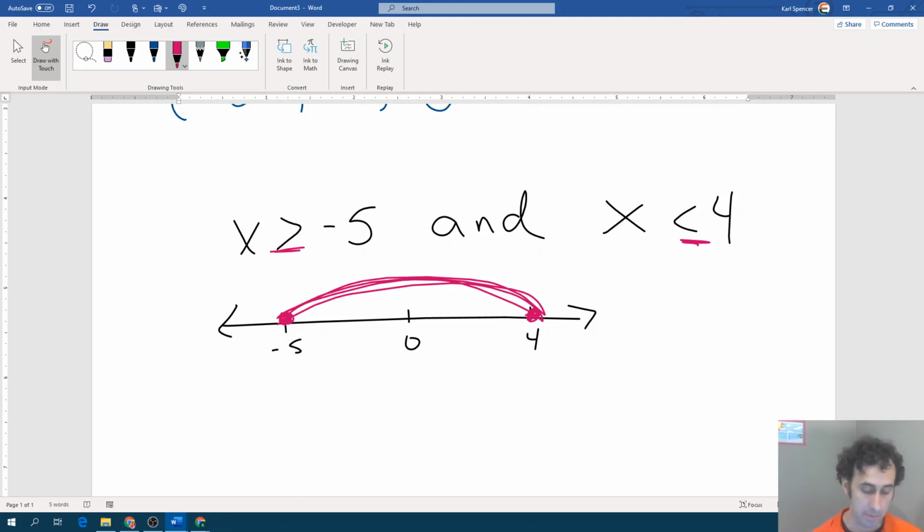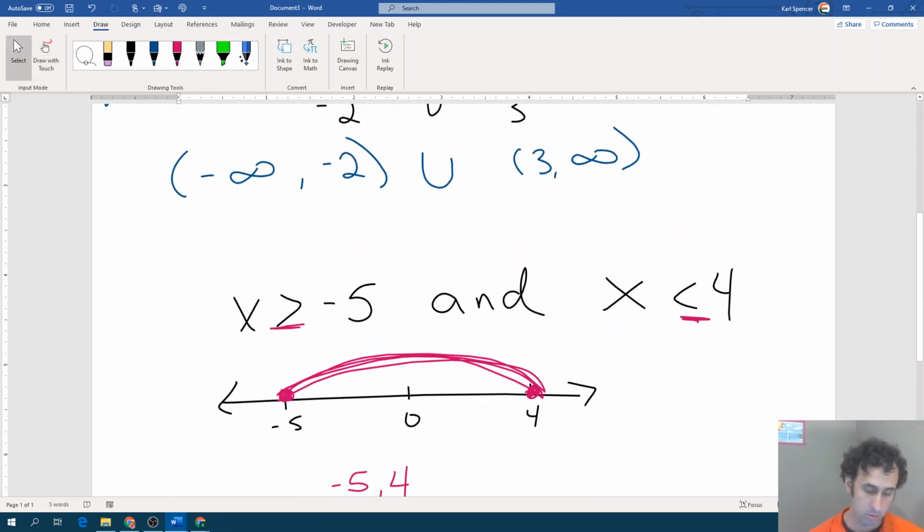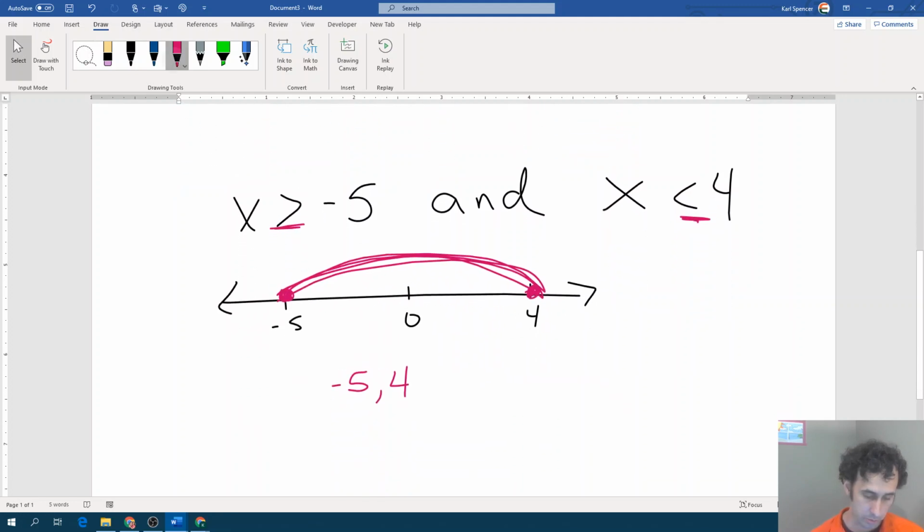If we wanted to write them in interval notation, we'd say the numbers start at negative 5 and they go to positive 4. But this time, instead of using the parentheses like we did earlier, we're actually going to use square brackets.